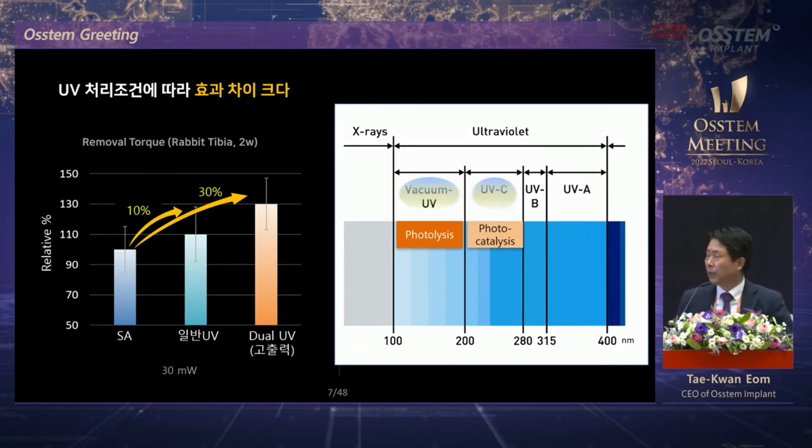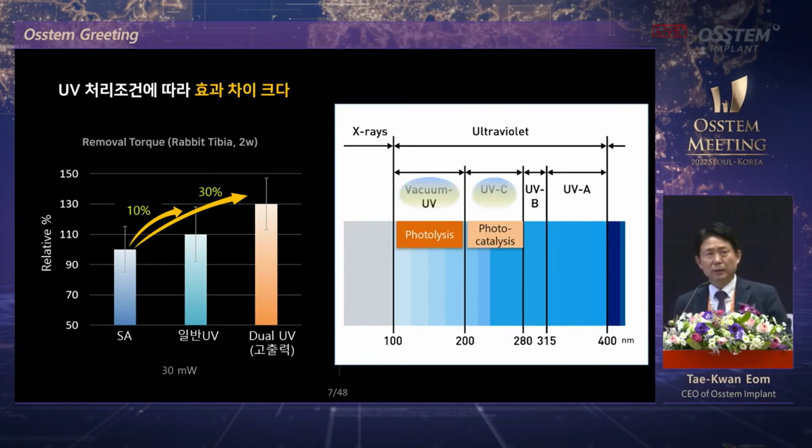As you go left, the energy goes higher. If you go toward a vacuum, the tightly bound organic materials would be removed. The problem is vacuum UV is stronger. If you look at devices, there are UVC and vacuum UV devices.